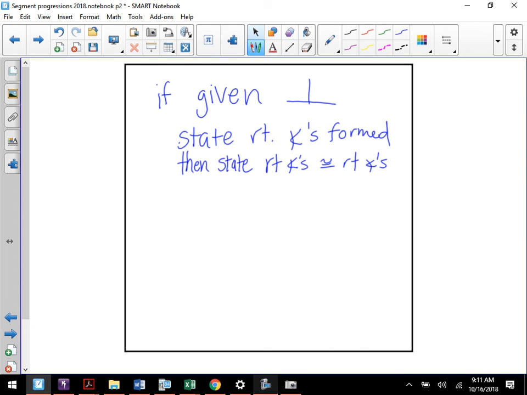Then you can state that right angles are congruent to right angles, because you guys know that when you're given a perpendicular, the perpendicular makes right angles. So then you know you have two right angles there, so those two right angles are going to be congruent.